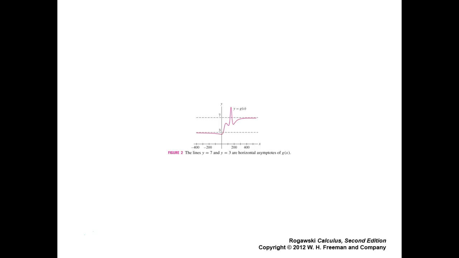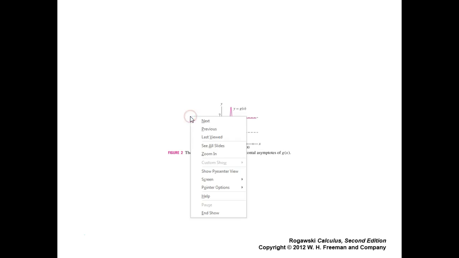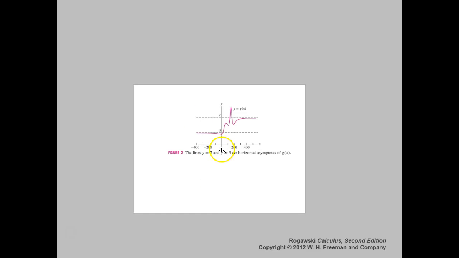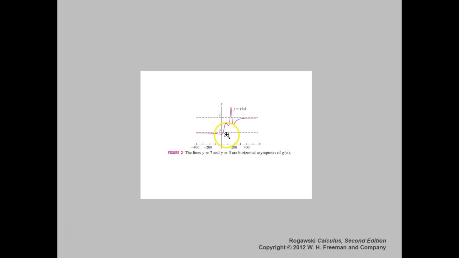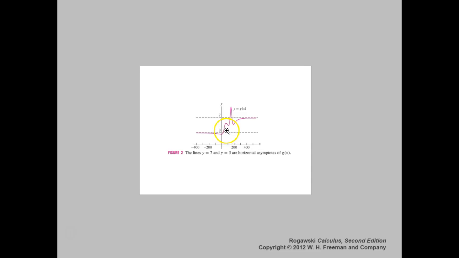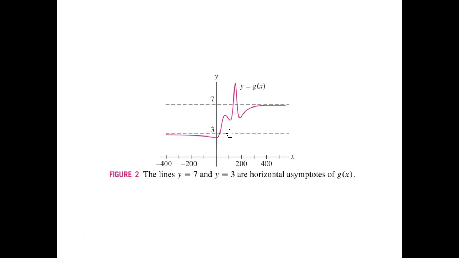Okay? Here's another example of a function. They don't give the function. They just say, imagine there's a function y equals g of x that looks like this. Now, we don't know what your x's are representing. We don't know what the y is representing. We don't know what g is.